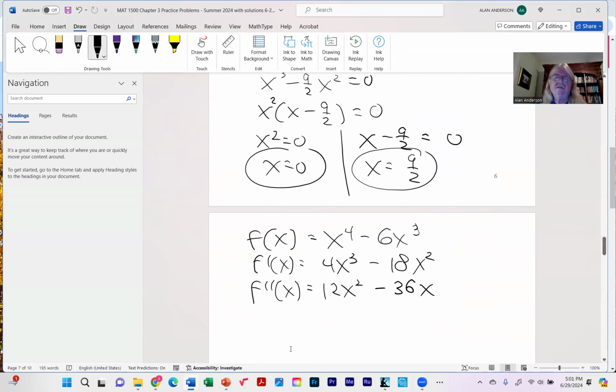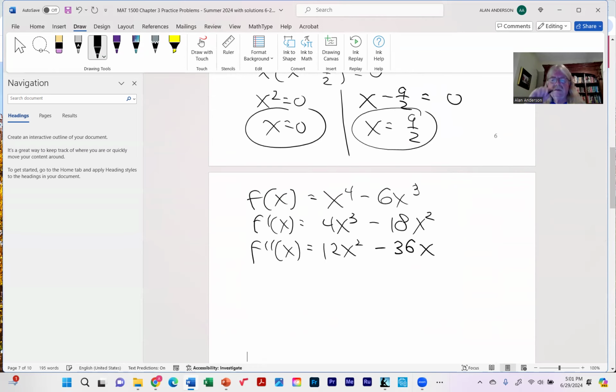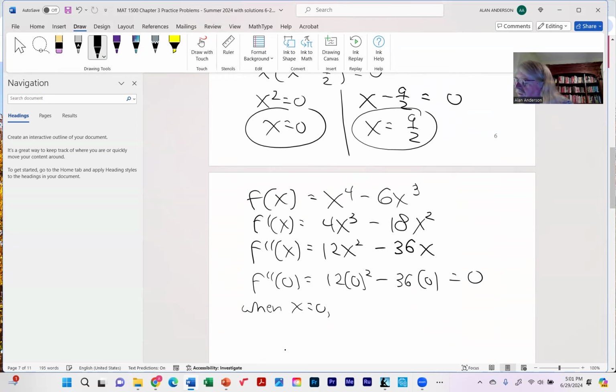Okay, great. So f double prime of 0. Now remember from the slides, this means that at this point, the second derivative test is inconclusive.